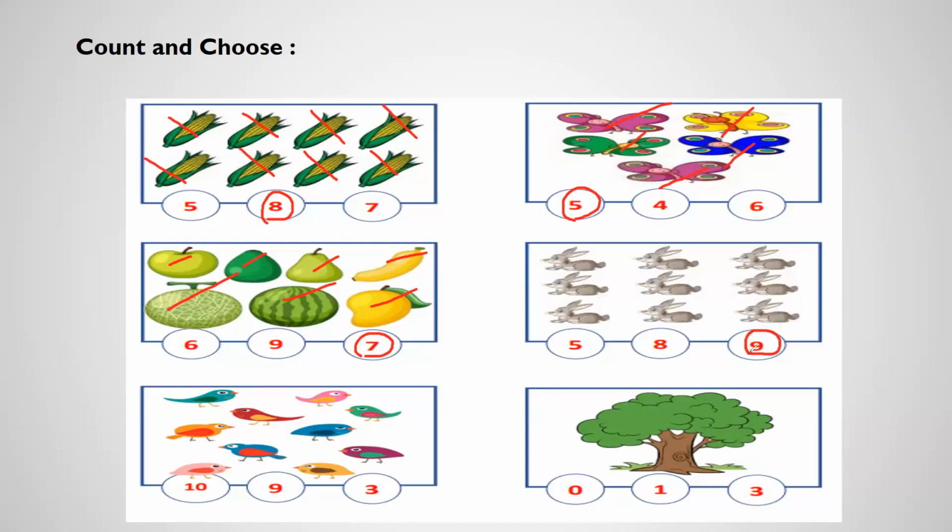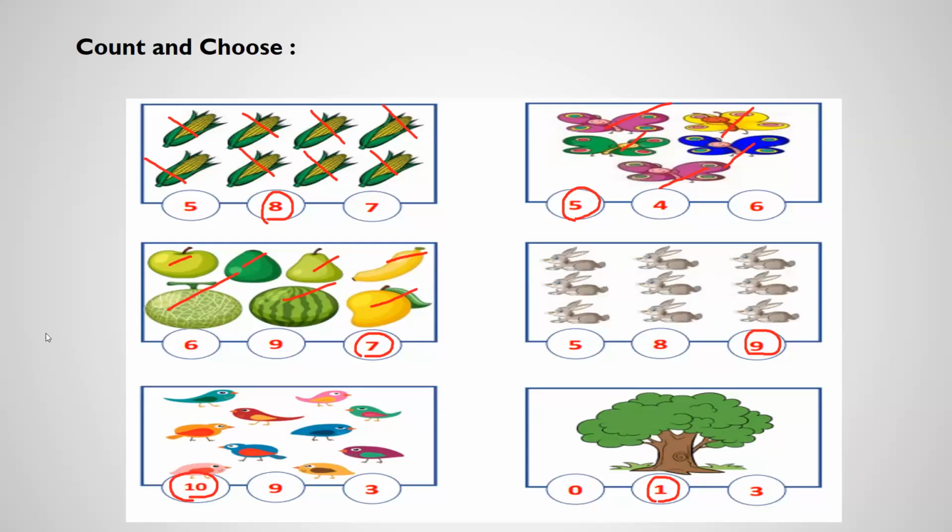So put a circle on 9. What about these birds? Yes, they are 10. So put a circle on number 10. Okay, how many trees can you see here? Only 1. So we are going to put a circle on number 1.